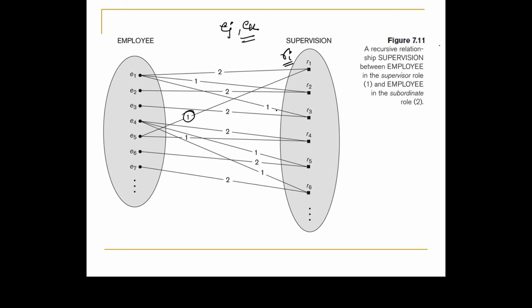Hence, E1 supervises E2 and E3, and E4 supervises E6 and E7, and E5 and E1 and E4.